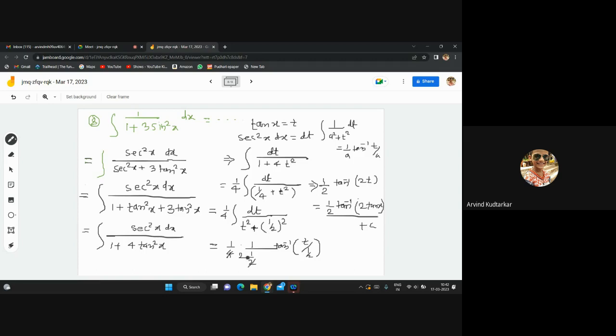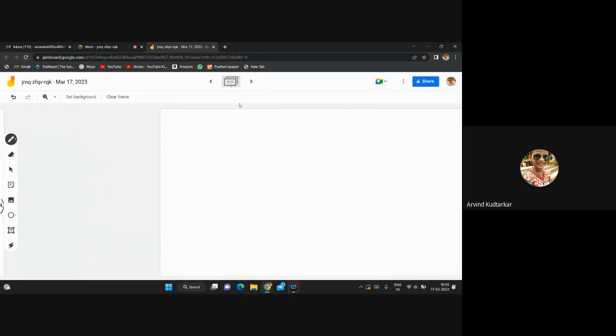So 2 and 2 get cancelled, there remains 2 into 2, so 1 by 4 is there. 1 by 4 times tan inverse of 2 tan x plus c. So 1 by 4 should be there, because we have simplified here 4 with the 2. So 2 into 2 is 4. So 1 by 4 times tan inverse of 2 into tan of x is what you will get.